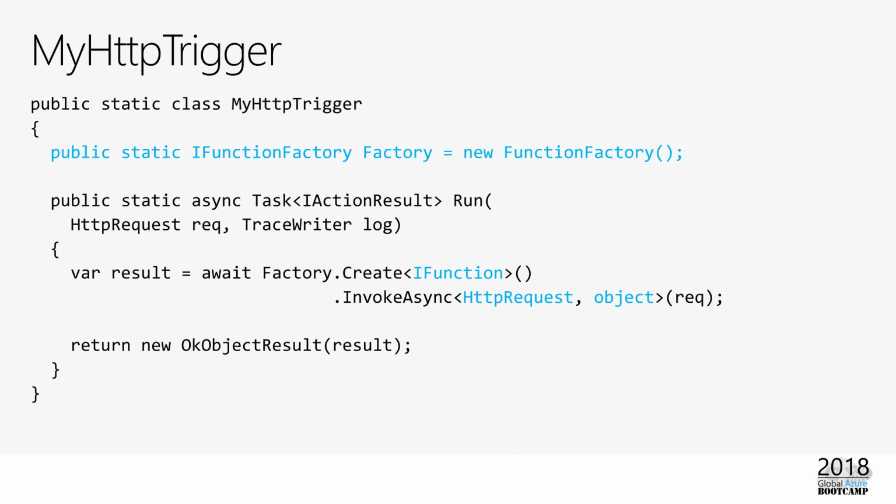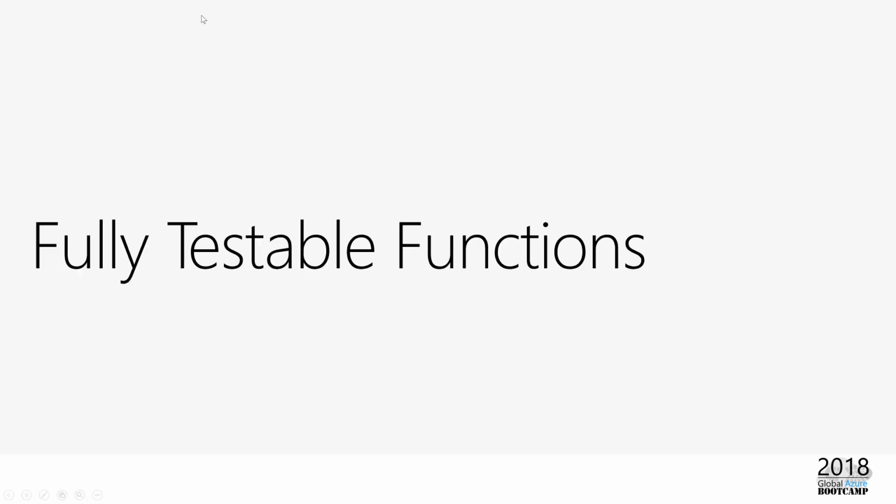All the business logic has moved into the invoke method, and this is how the service locator shows the intention that we are going to create a function, then invoke it. So now we have a function with full testability. Okay, so I can show you how we can make the Azure functions testable.